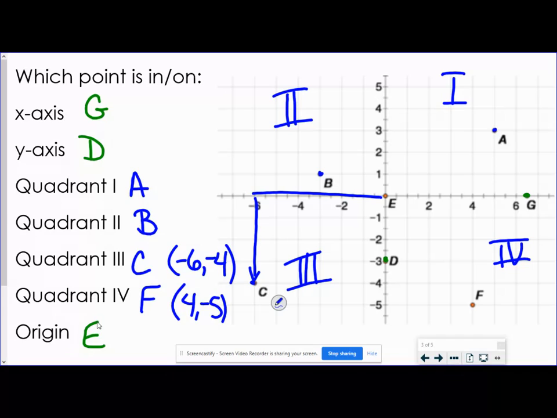Point B, I was going to go left again, but only left 3. I know it's not numbered there. Left 3, up 1. So left is negative, up is positive. And then point A, I'm going to go to the right for this one. So that's going to be +5 and then up 3.